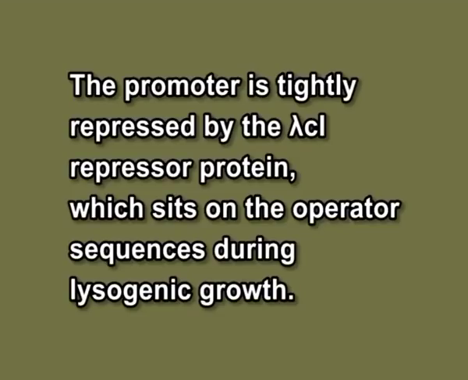Another widely used approach is to place a gene under the control of a regulated phage promoter. The strong leftward promoter PL of the phage lambda directs the expression of early lytic genes. The promoter is tightly repressed by the lambda CI repressor protein, which sits on the operator sequences during lysogenic growth.